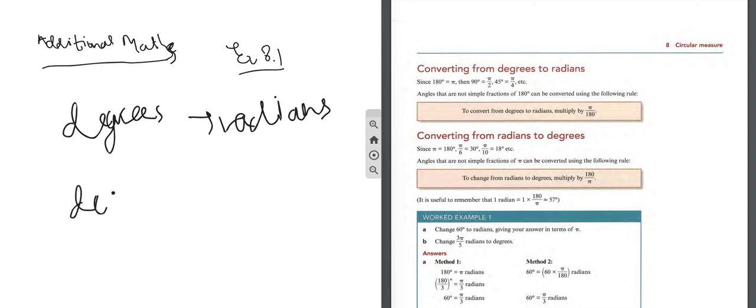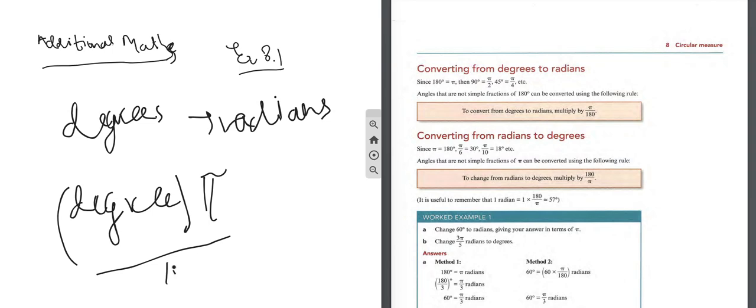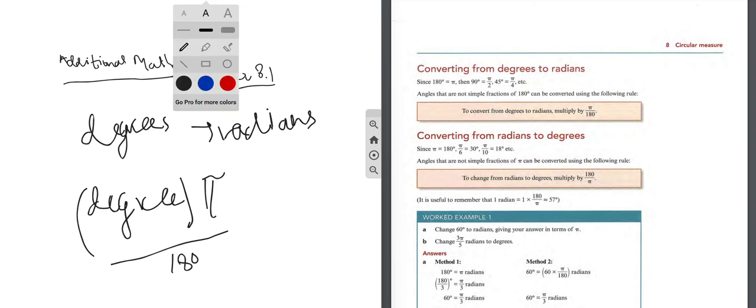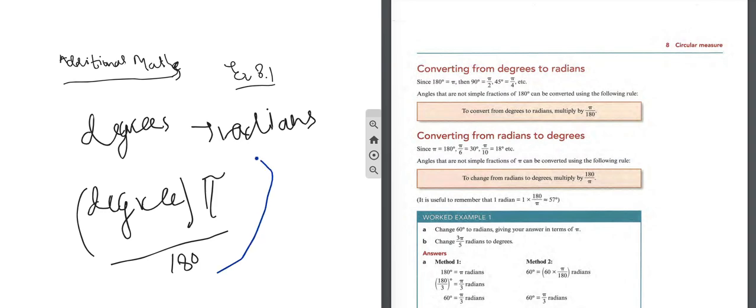Like this: degree times pi by 180. Please remember this. This is a very good point, and if you remember this, it will be a great help for you. So you should always remember this point.